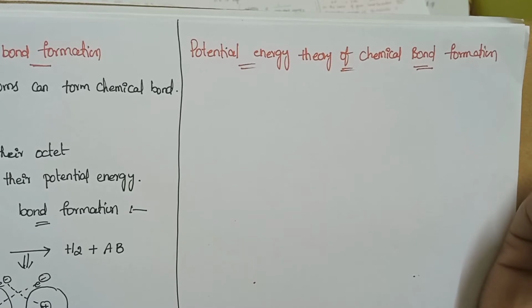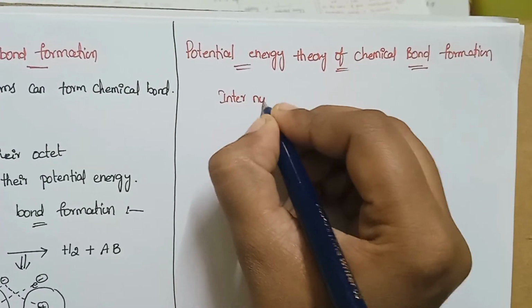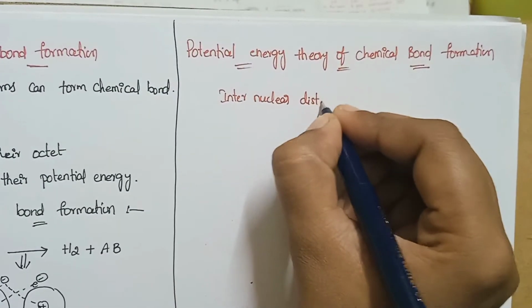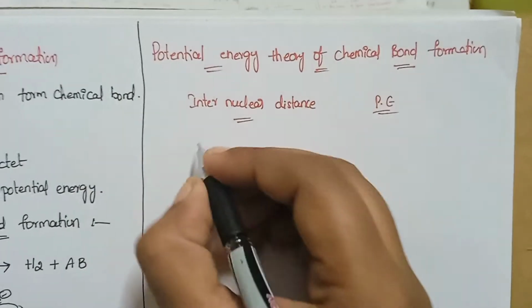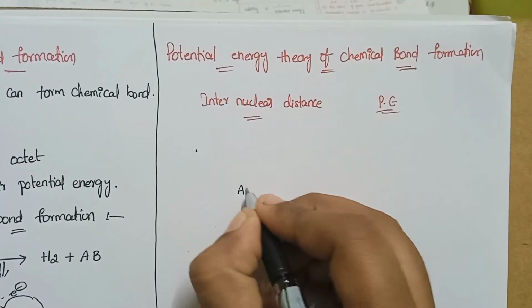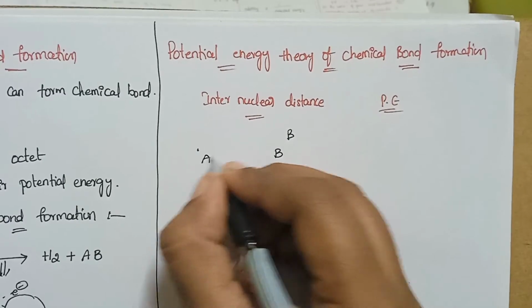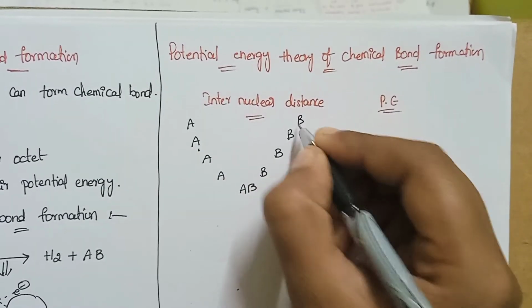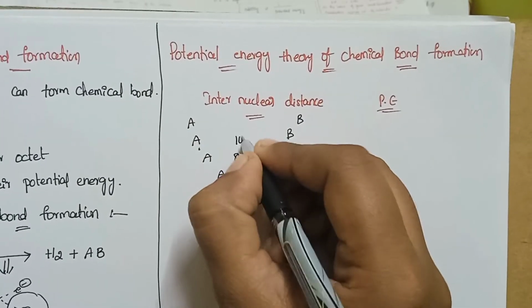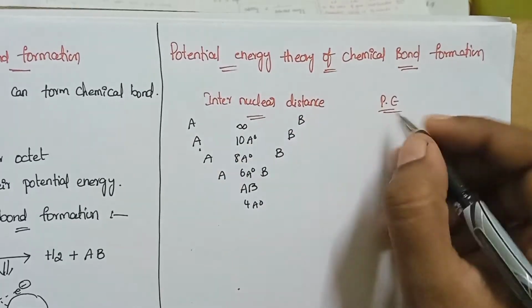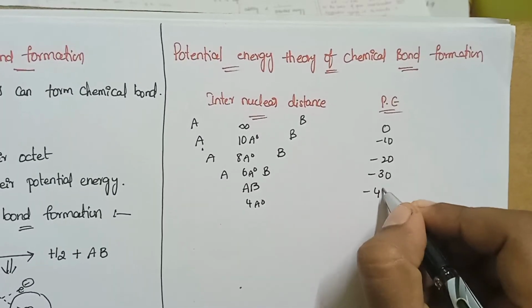The internuclear distance axis is marked 4 angstroms, 6 angstroms, 8 angstroms, 10 angstroms and infinity, and the potential energy is 0, minus 10, 20, 30 and 40.